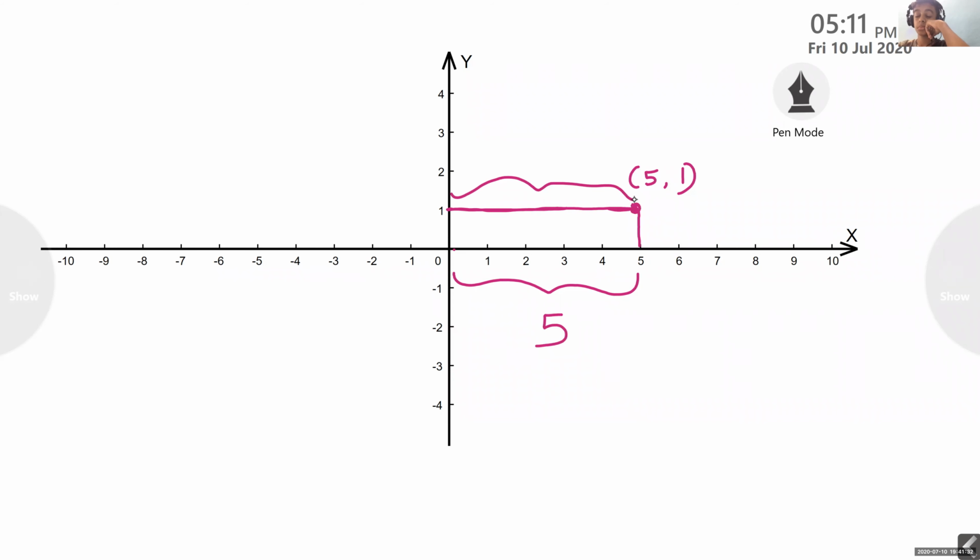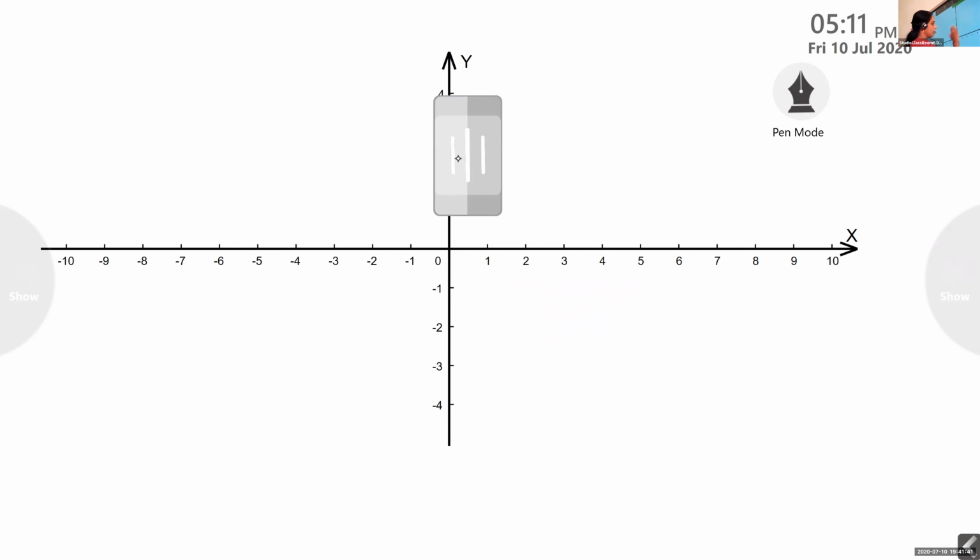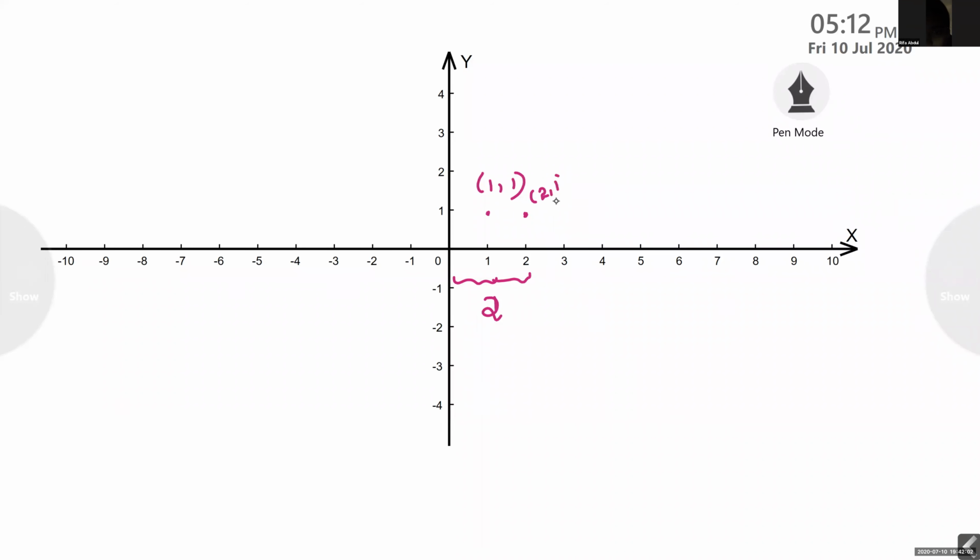If the point is up to this, the point will become 1, 1. If the point is here, the distance became 2 and this point is known as 2, 1.